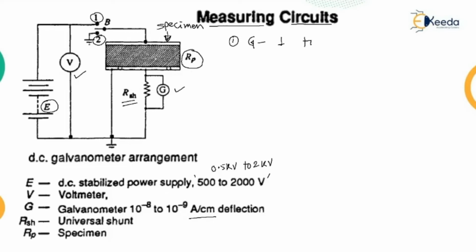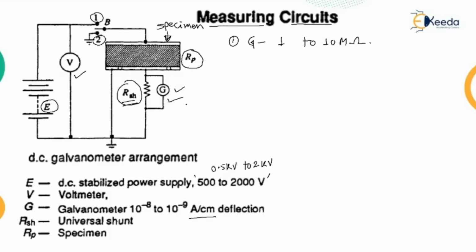Accuracy is say plus minus 0.5% or plus minus 1%. Now, if necessary, a standard universal shunt is used with the galvanometer, connected across the galvanometer. The deflection in centimeter per microampere of current is noted.